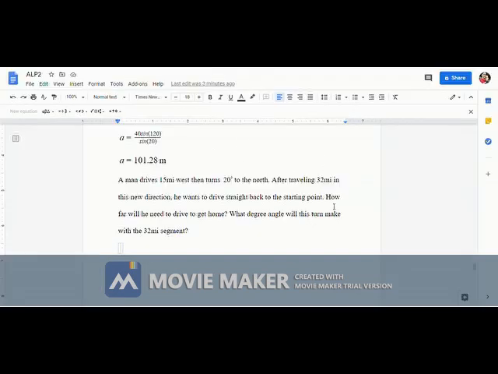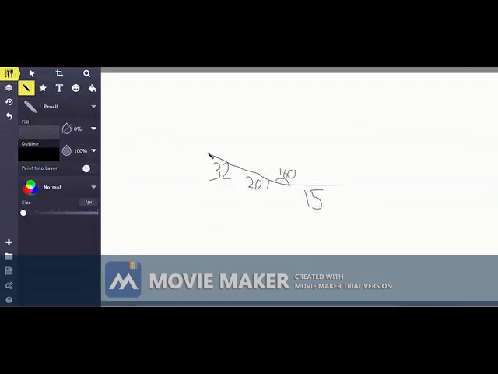After driving those 32 miles, he wants to drive straight back to his starting point. How far will he need to drive to get there? And what angle does that make? This is how far he needs to drive home, so we'll make that side A. And this angle right here we'll make angle B, the angle that it makes with the 32-mile segment.